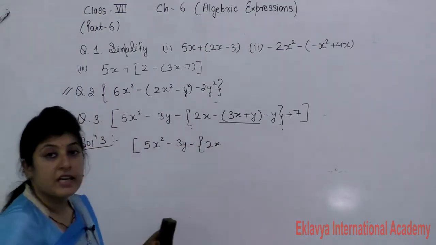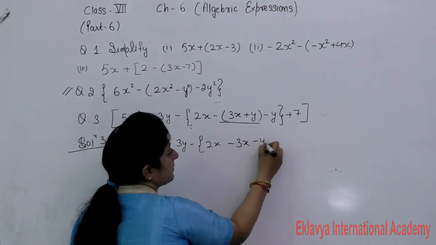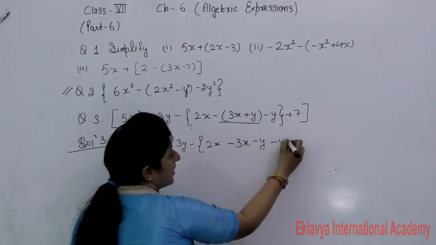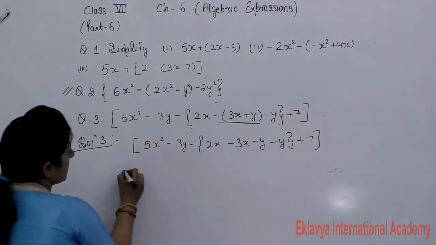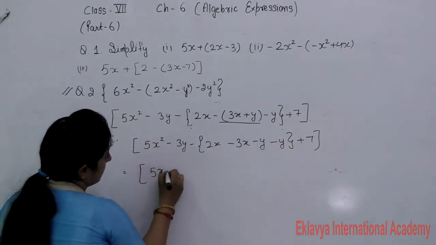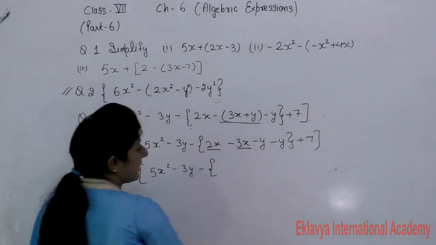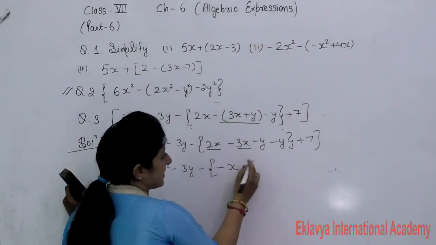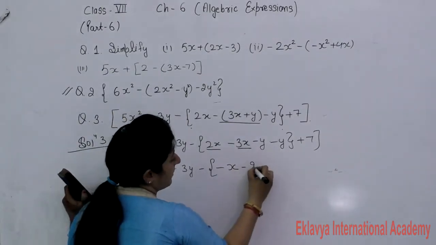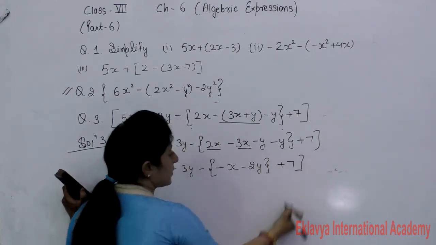Now see, here the sign is negative, so it means change the sign, and here already minus, plus 7, then this. Now firstly solve the bracket. Braces: 2x minus 3x, 2 minus 3 is minus 1, minus x, minus y minus y, minus 1 minus 1, minus 2.